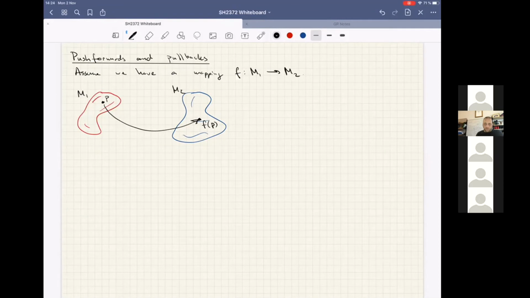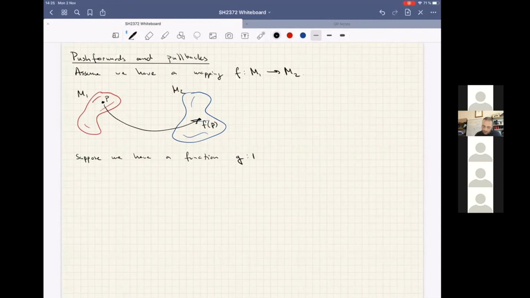And suppose now that we have a function g that is a function on M2.